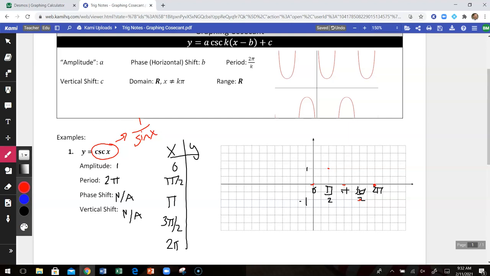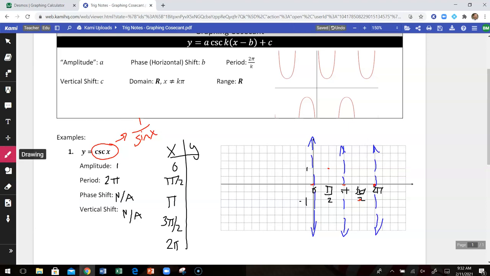So every place that sine hit the x-axis, those are going to be vertical asymptotes. So we have a vertical asymptote at 0, at pi, at 2 pi. If sine is 1, which happens at pi over 2, then cosecant is also 1 there, and we get this U that goes up.